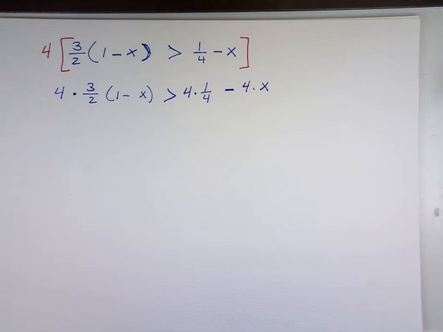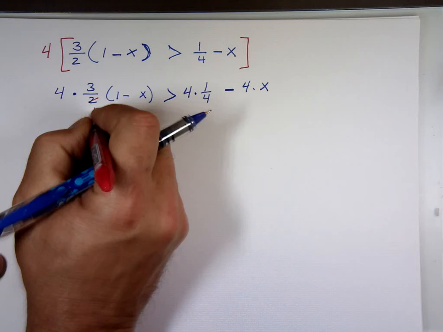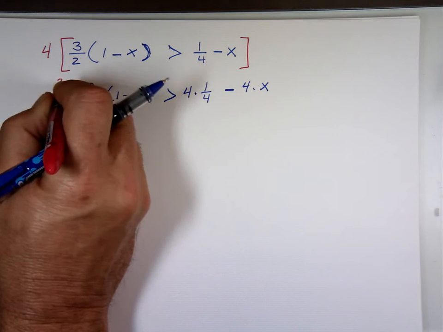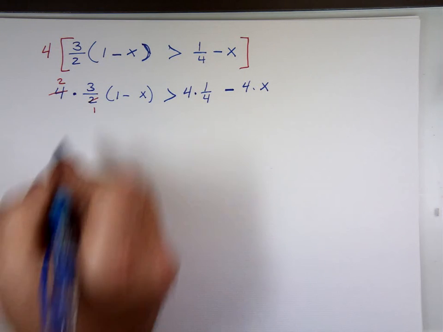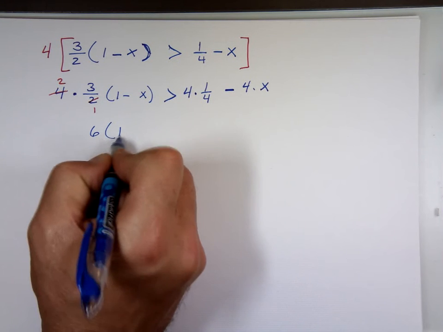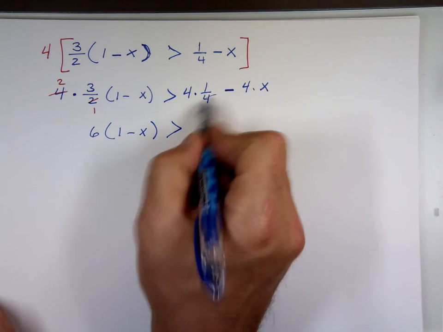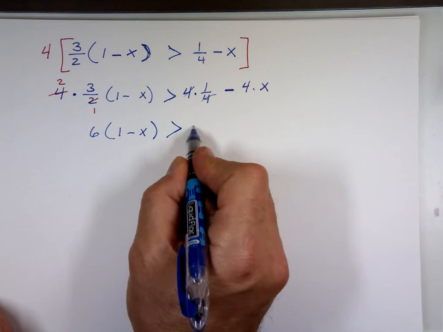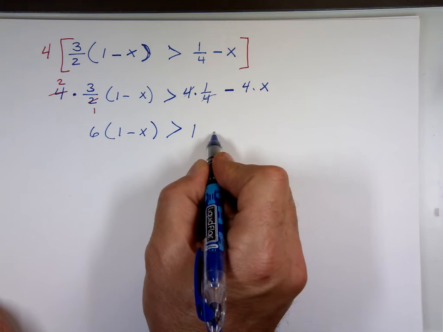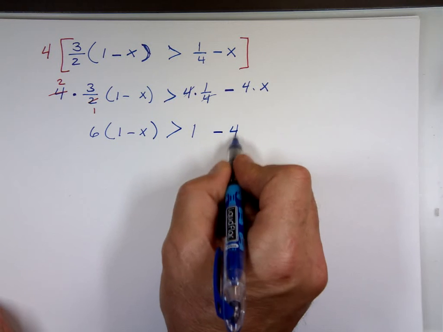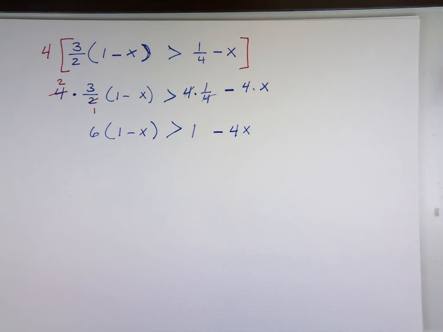If I do that, by 2 this is 1, by 2 this is 2. What's 2 times 3? 6 times 1 minus x greater than, the 4's will cancel each other, you'll have 1 minus 4x. Now distribute that. No fractions, nothing. I'm done.